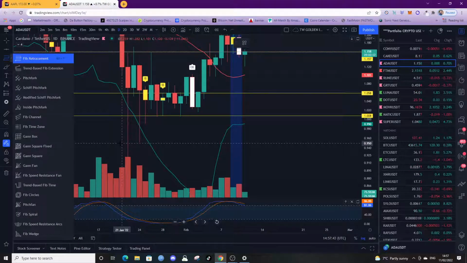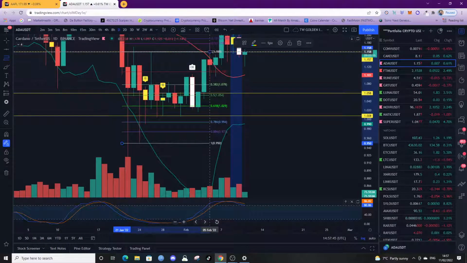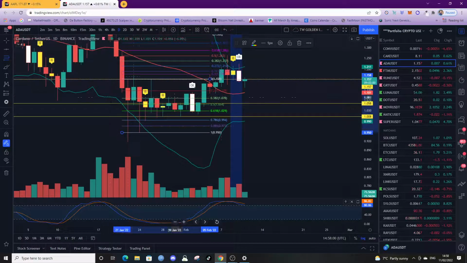Probably would have gone off this one there and put my stop loss in this area here at the 886, if I was going to play this one, and I won't go mental with the risk, not coming down from here the way we did.